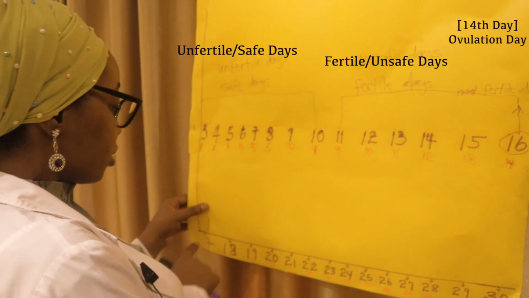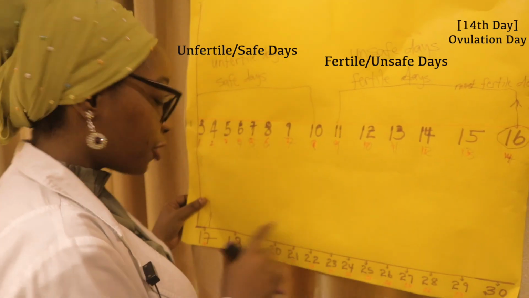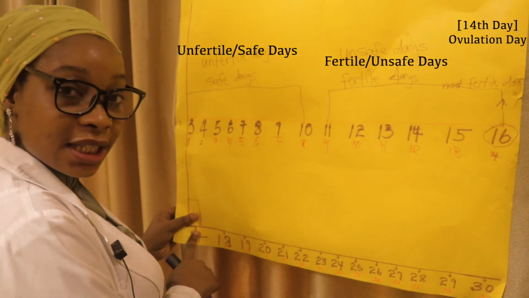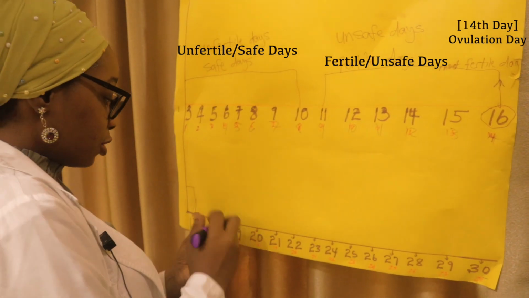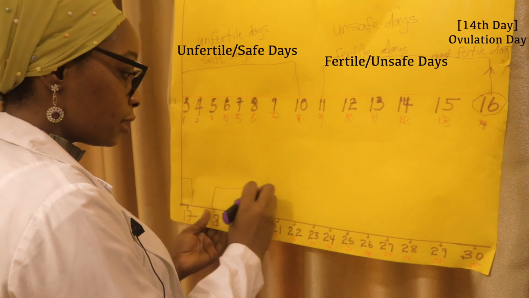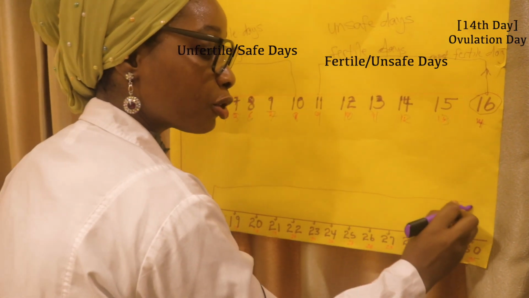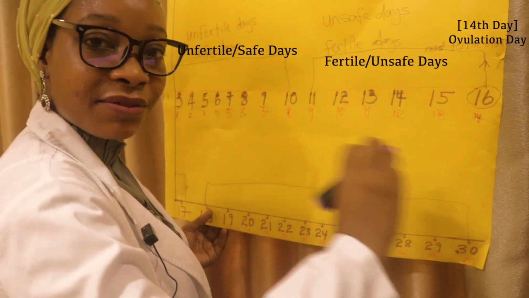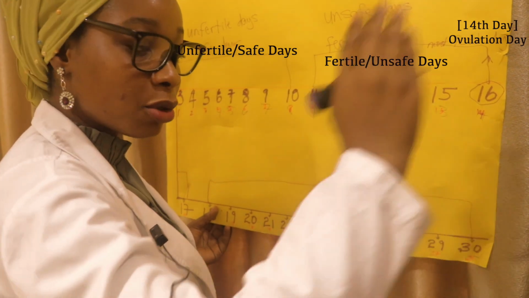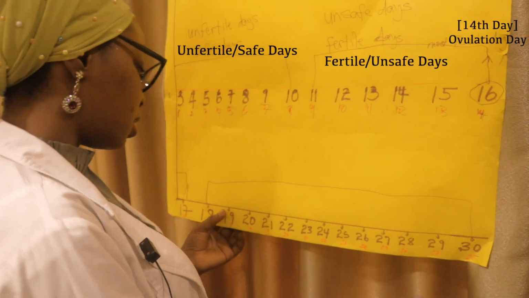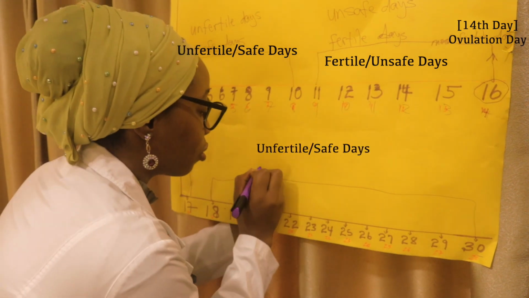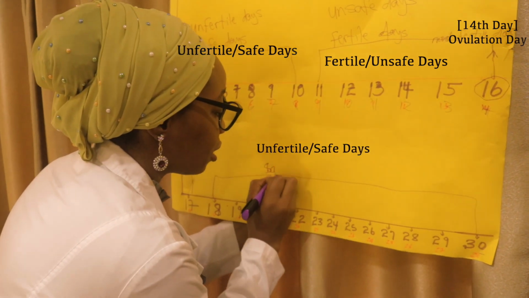And the remaining 24 hours after your ovulation, which is on the 15th day of your menstruation. From the 16th day up to your 28 days, or whichever cycle length you have, 29 days, 30 days, or 31 days, they are also your safe days.